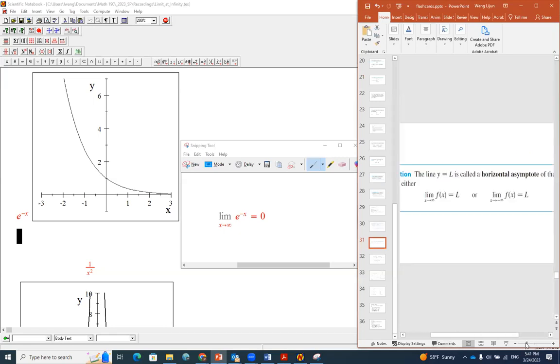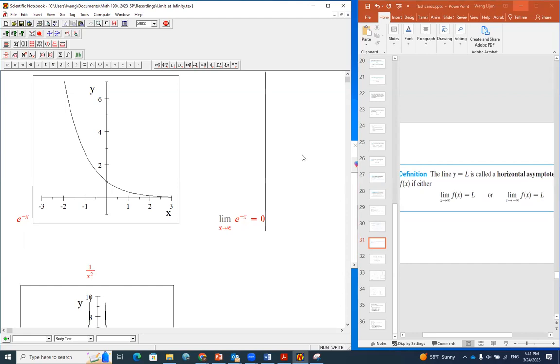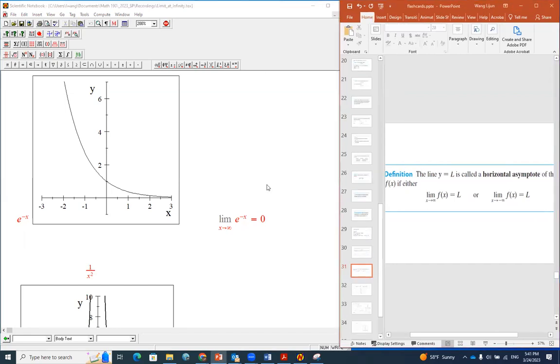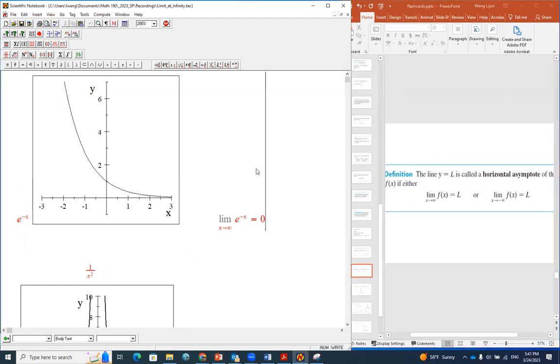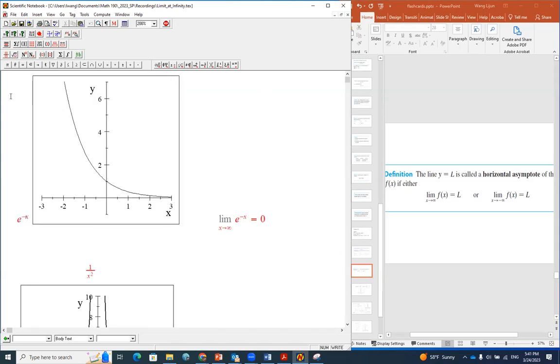Here we go. You see, in the case of e to the power x.